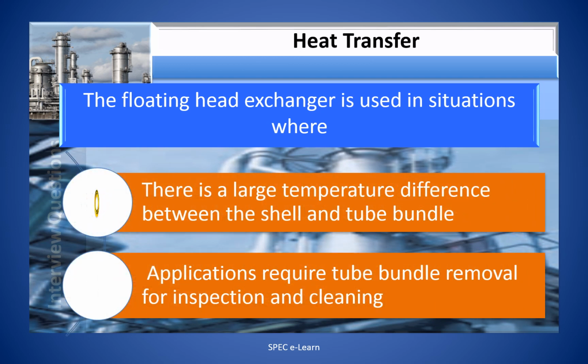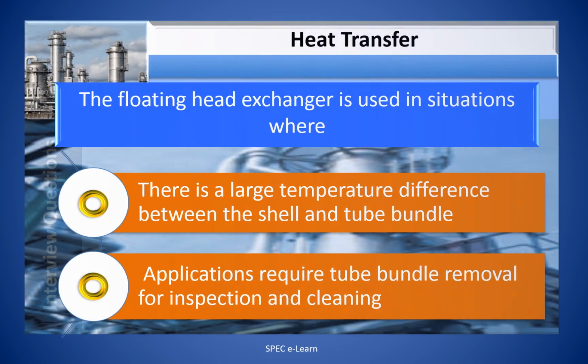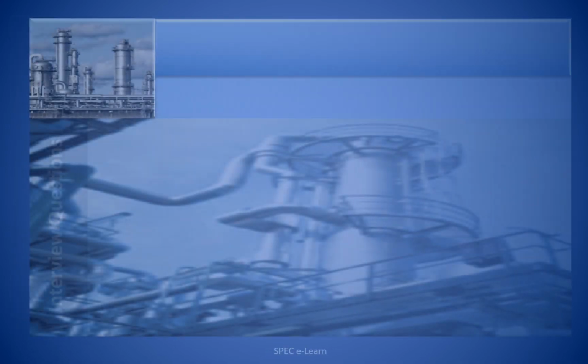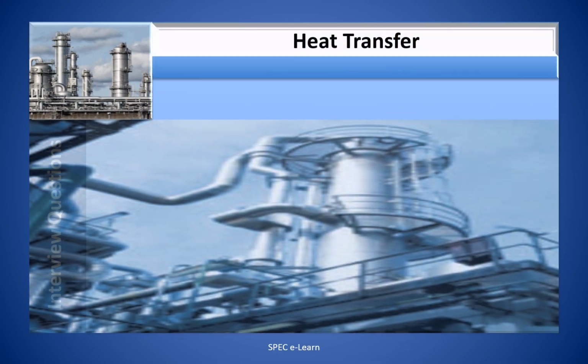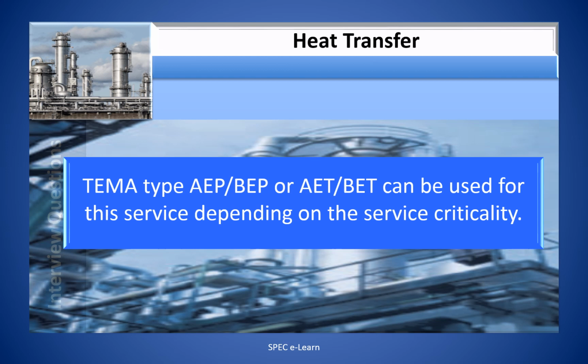There is a large temperature difference between the shell and the tube bundle. 2. Applications require tube bundle removal for inspection and cleaning. TEMA type AEP/BEP or AET/BET can be used for the service depending on the service criticality.